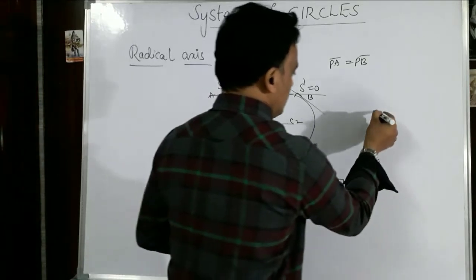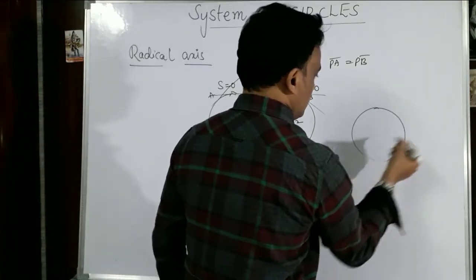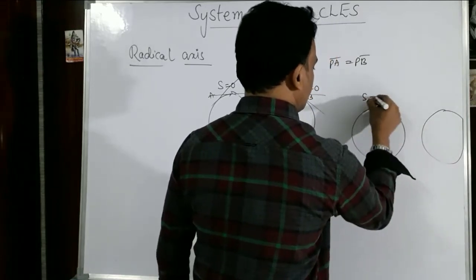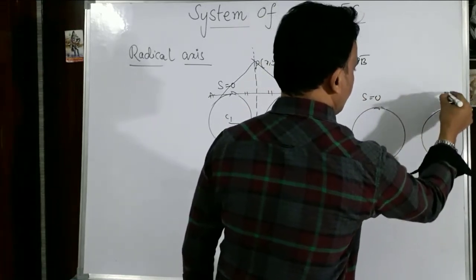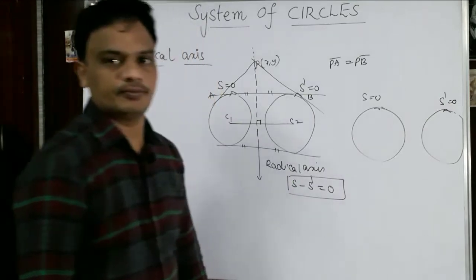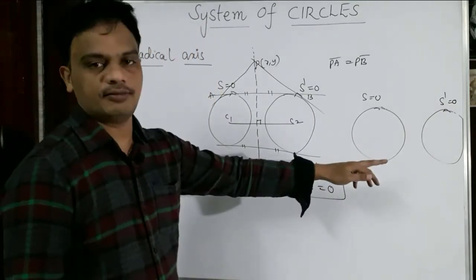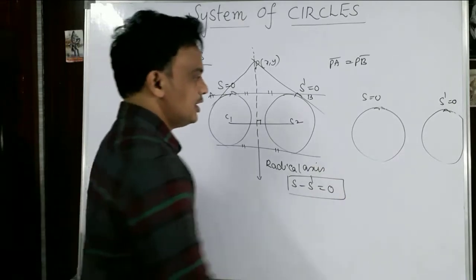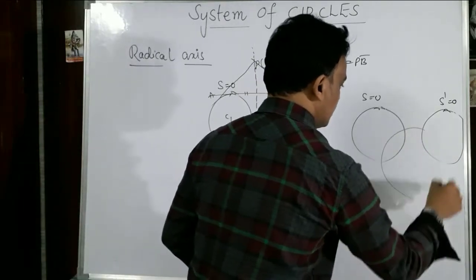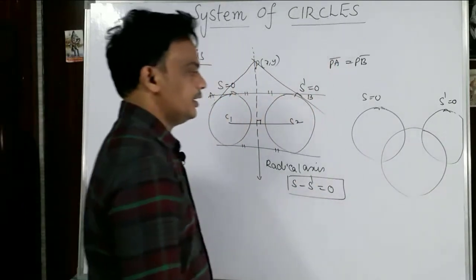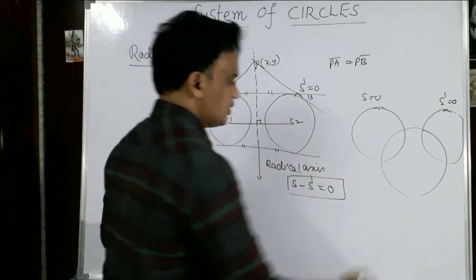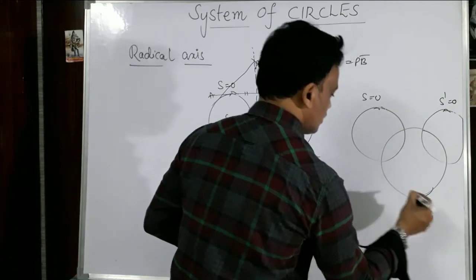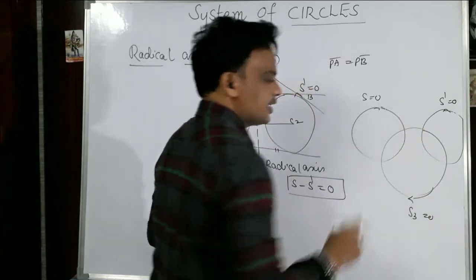suppose there are two circles, S = 0 and S' = 0. There is a circle which intersects the two circles orthogonally. It is a third circle, suppose S3 = 0, which intersects the two circles orthogonally.